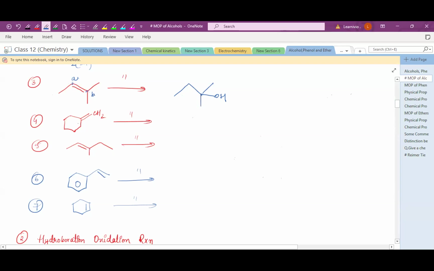Okay, the fourth one. Suppose this is your first and this is your second position. So where will you attach? First position. First position, yes. We will attach OH here and this will become CH3. On the second position, hydrogen will get attached and it will become CH3.